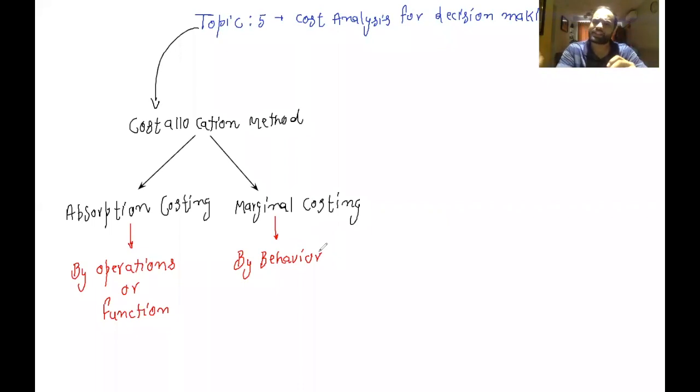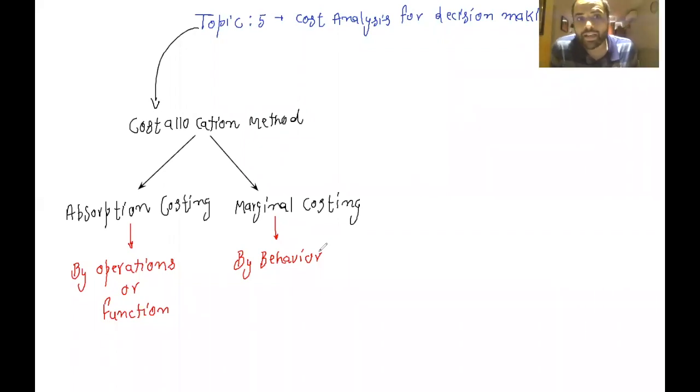We may not really consider step cost or semi-variable cost, because they are not very common in every kind of business. However, fixed and variable costs are very common. That's why, when estimating the total cost by behavior, we focus on only fixed and variable cost. So this is your marginal costing.